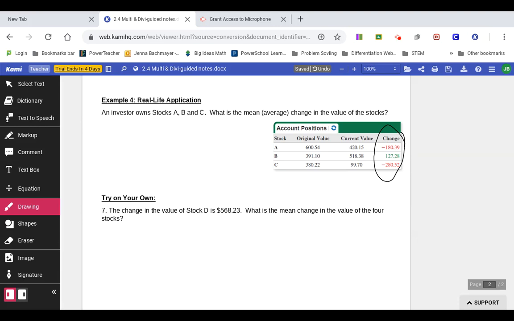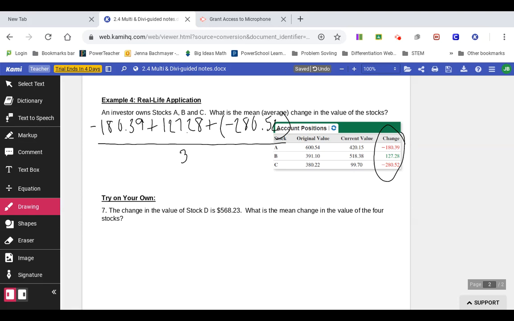So I'm going to add negative $180.39 plus $127.28 plus a negative $280.52. I'm going to divide all that by 3.